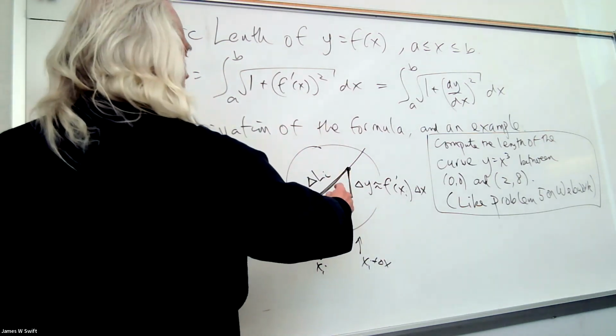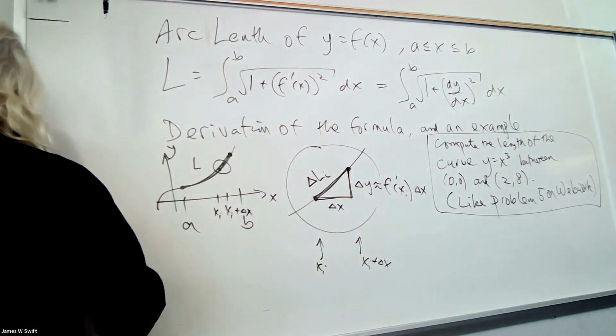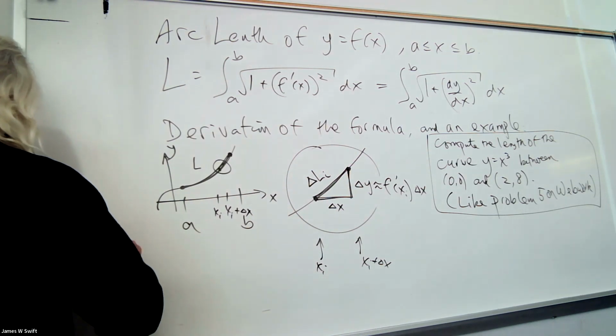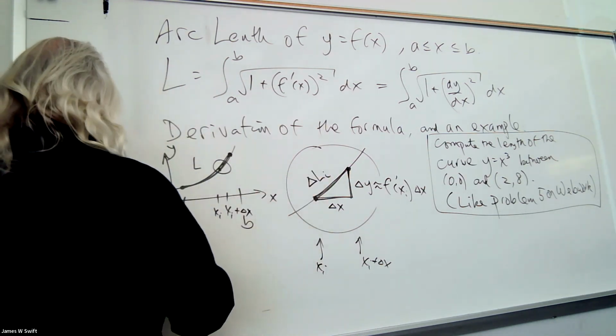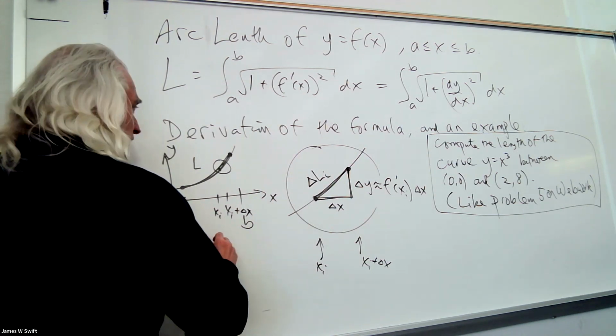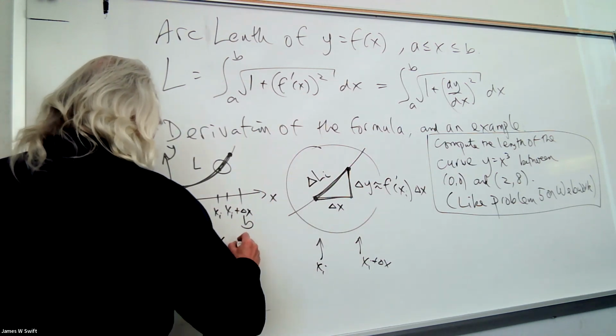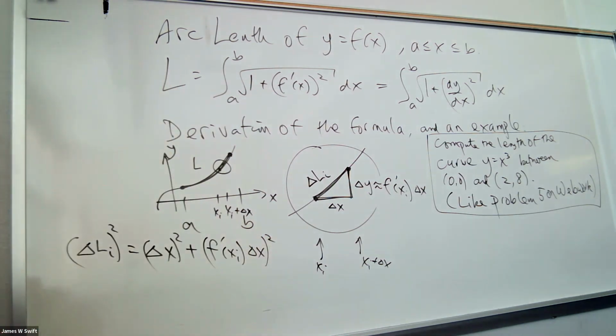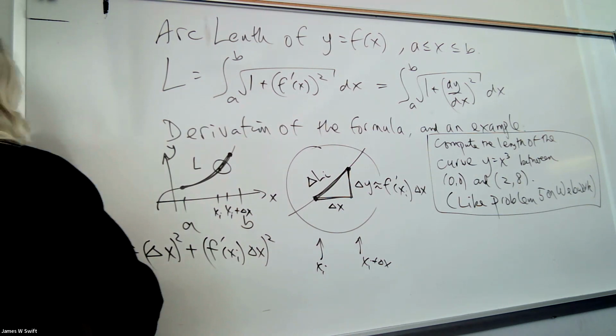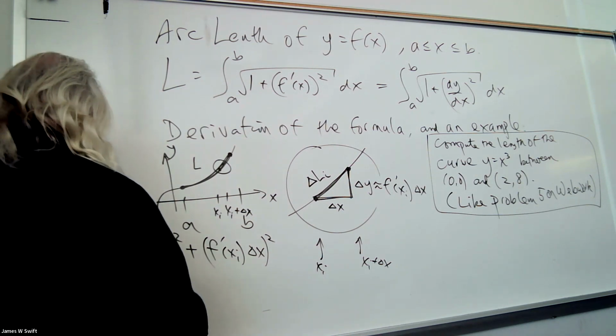So I use the Pythagorean theorem: delta Li squared, the hypotenuse squared, is delta x squared, that one leg, plus f prime of xi times delta x, all squared. So I solve for that bit of length.